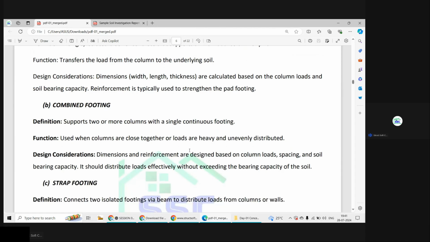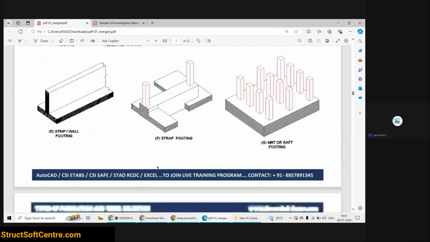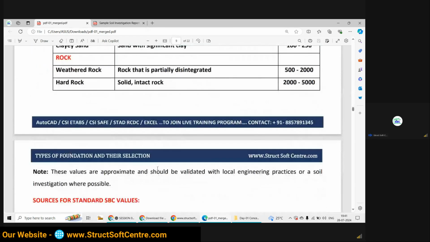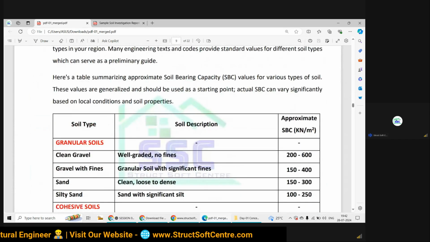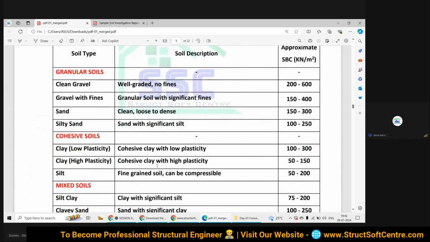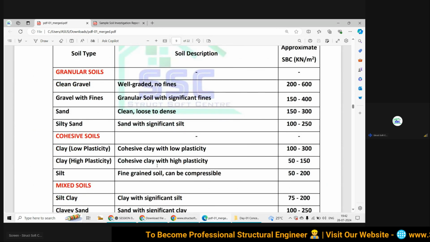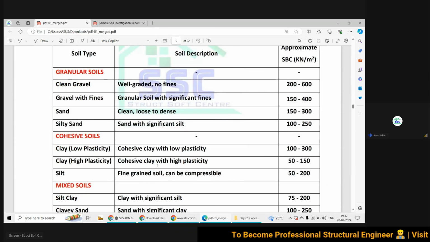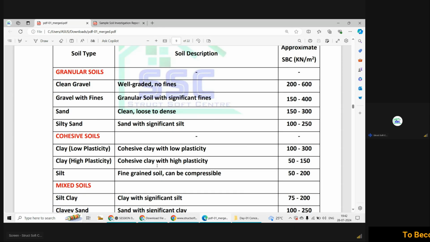And in the last session, we also saw what to do if you do not have the soil investigation report, if you are not going to do the soil exploration for your proposed work, like if you are going to deal with a project in a small city.